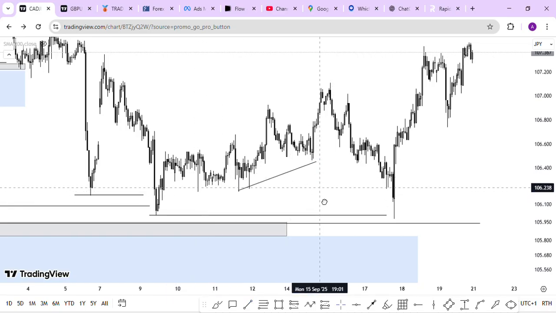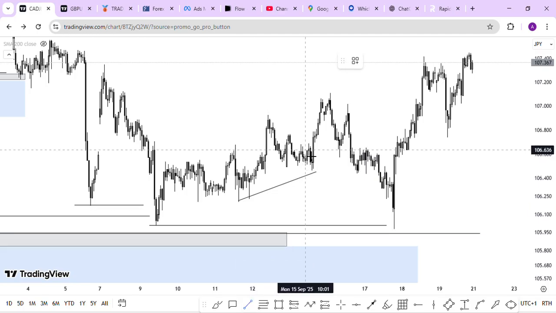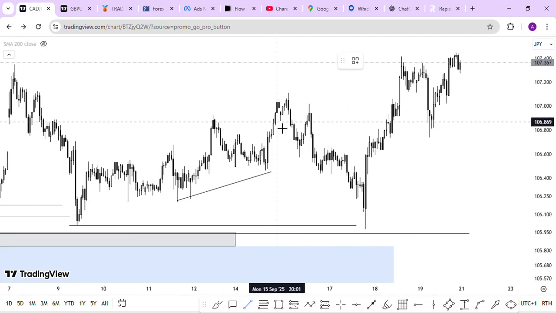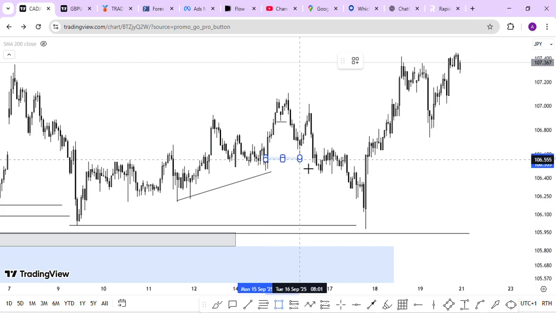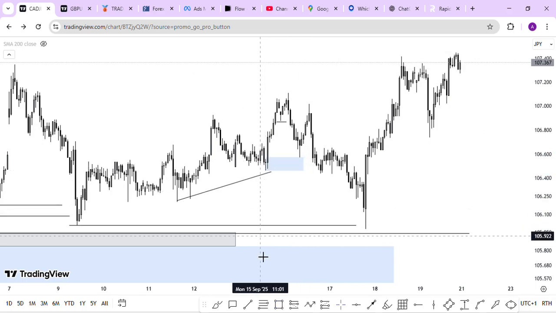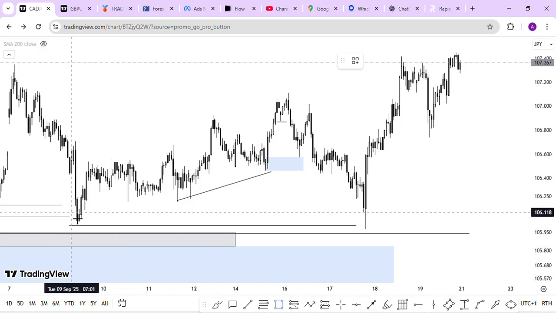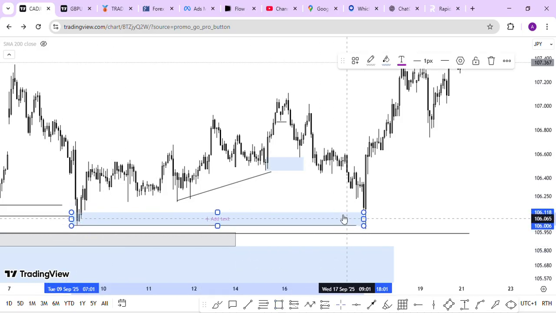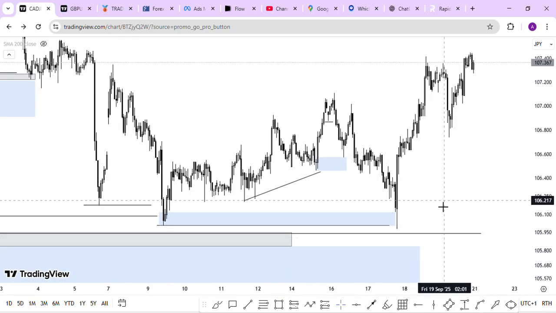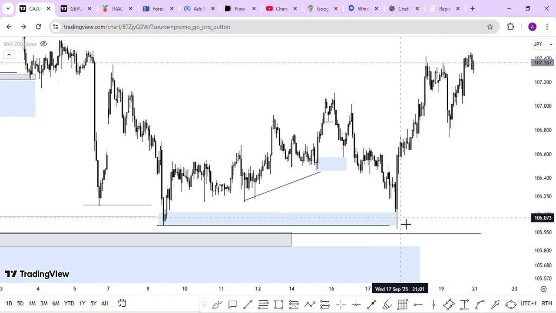So you can see, if you want to go by the structure, we have inducement here, we have decisional POI here, which market responded to, and probably you can come to the extreme. So if I'm looking at 1 hour, immediately I see that market sweeps this low, then I'll be looking for buys.